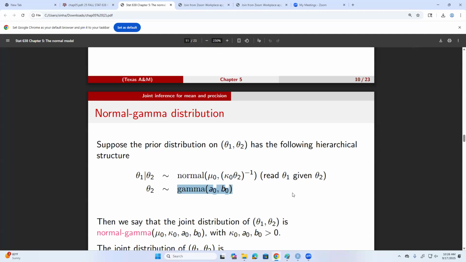And then later on, we can talk about a very general prior for this model. And this problem, the normal distribution with unknown mean and variance, is one of the fundamental problems. If we understand this one very nicely, we can generalize this concept to the multivariate normal distribution also.